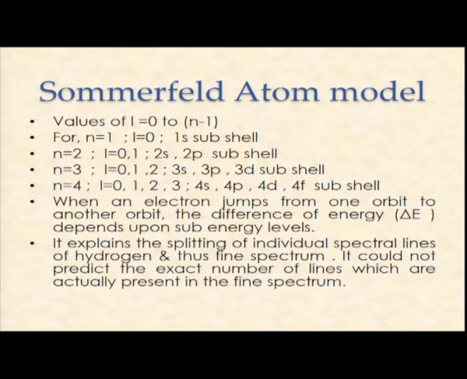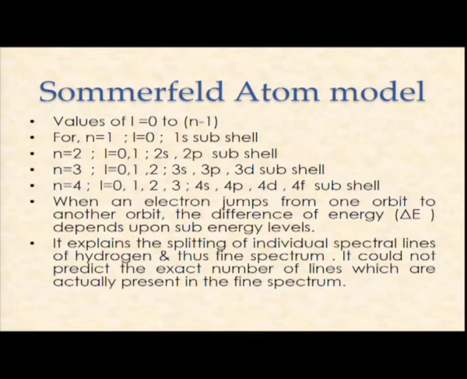You know that the principal quantum number is n and the orbital or azimuthal quantum number is L. There is a connection between this n and L. For n equal to 1, L can have the value n minus 1, that is 0, which is the 1s subshell. For n equal to 2, L can have values 0 and 1. For 0 the subshell is 2s, for 1 the subshell is 2p.